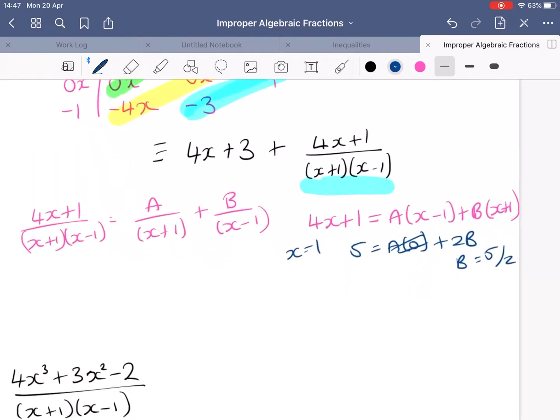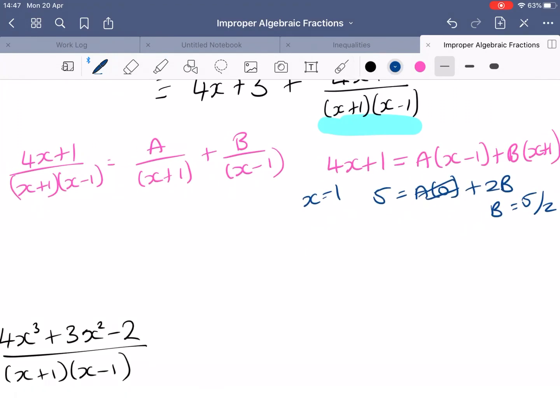Do my substitution of x equals minus 1. 4 lots of minus 1 plus 1 is going to give me minus 3, which is equal to a times minus 2 plus b times 0. So my a is going to be 3 over 2. So back to this.